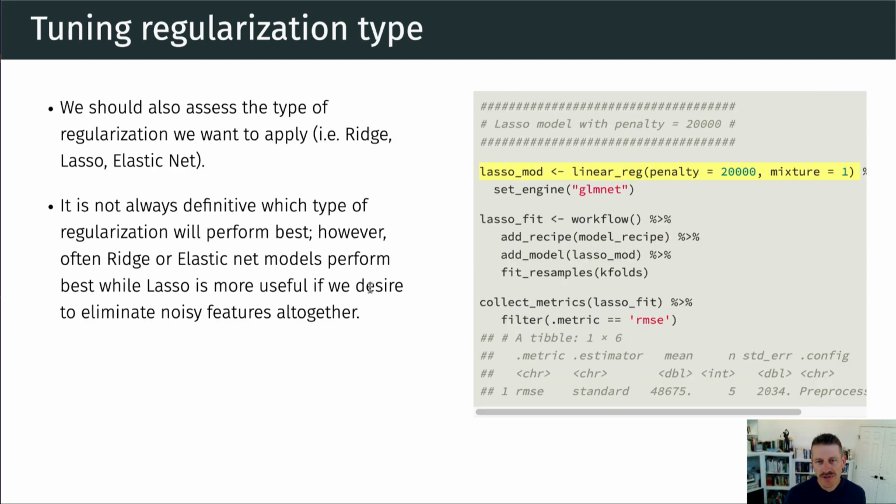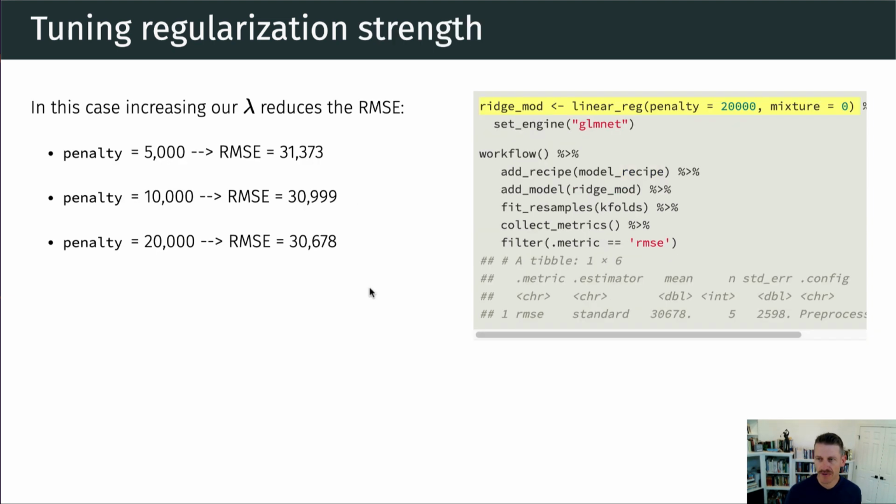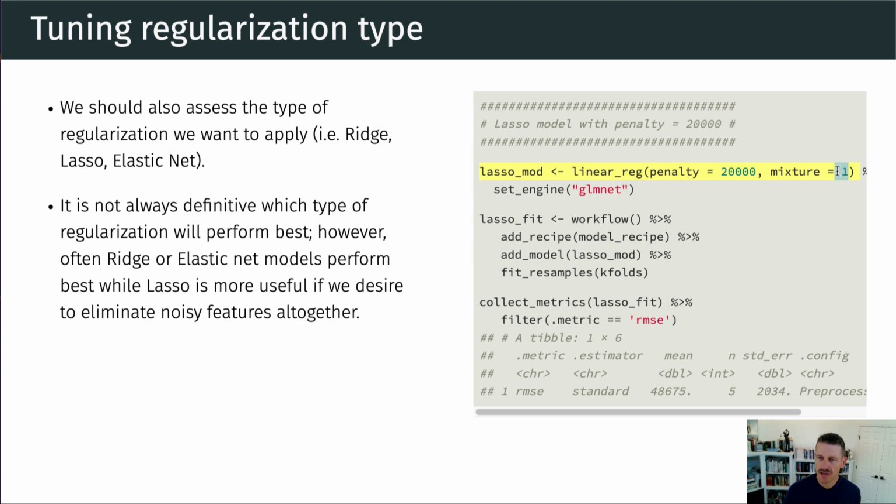We should also adjust the type of regularization we want to apply. In this case, we've been using mixture equals 0 so far. So that's always been applying a ridge model, but we could adjust to mixture equals 1. And now we're applying a lasso model. So now we have a lasso model where we're using 20,000.